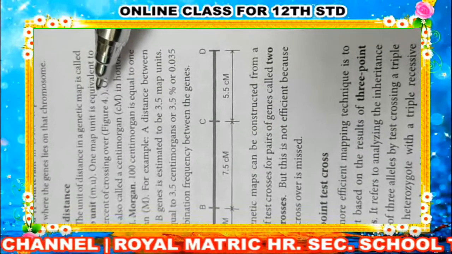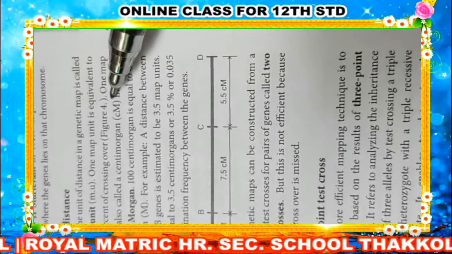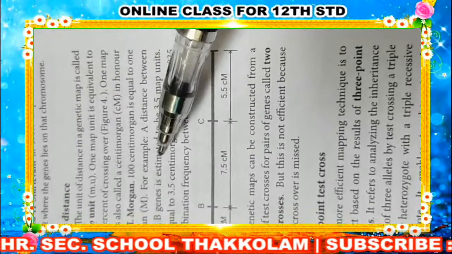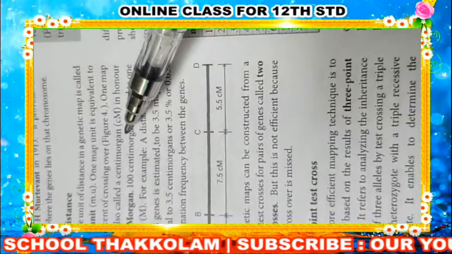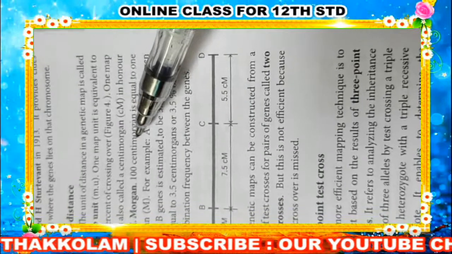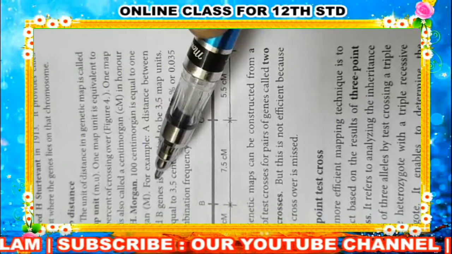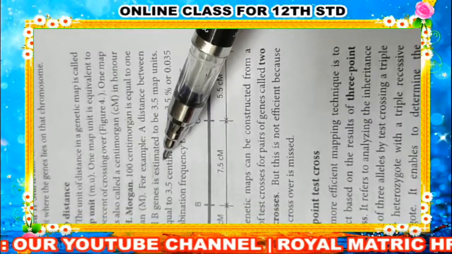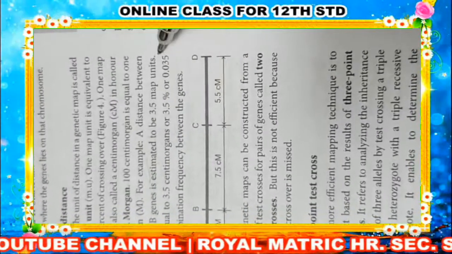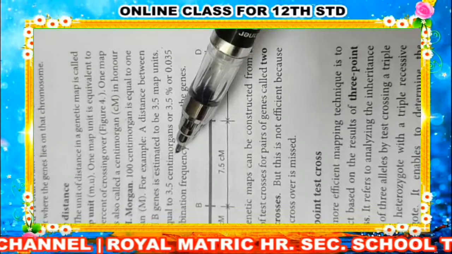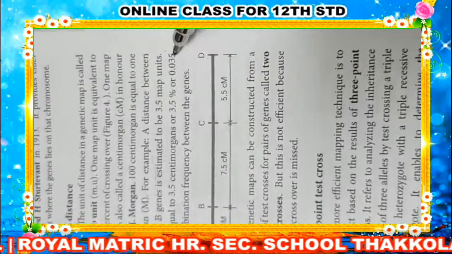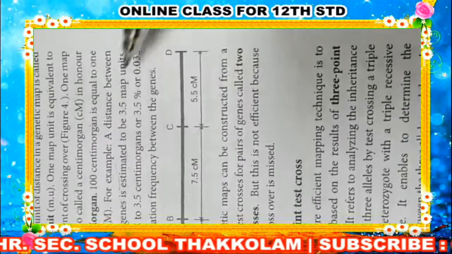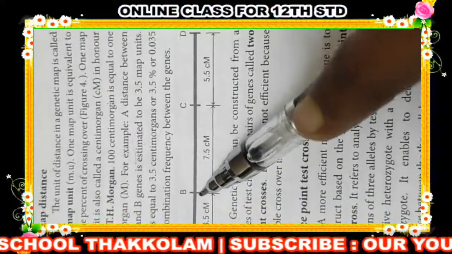The unit of genetic map distance, to honor the scientist Morgan, is the centimorgan. 100 centimorgans is equal to 1 morgan. For example, if the distance between genes A and B is estimated at 3.5 map units, that means 3.5 centimorgans or 0.035 morgans.